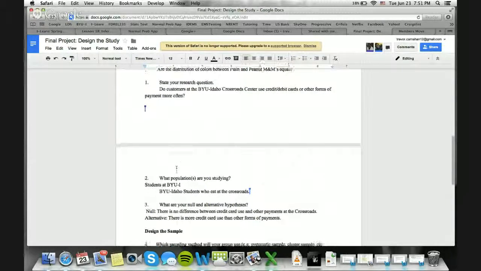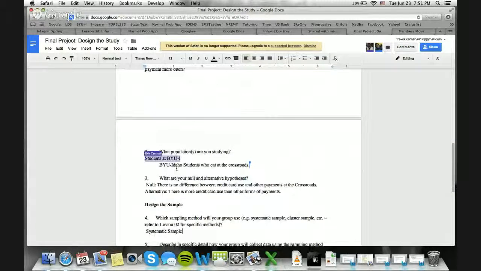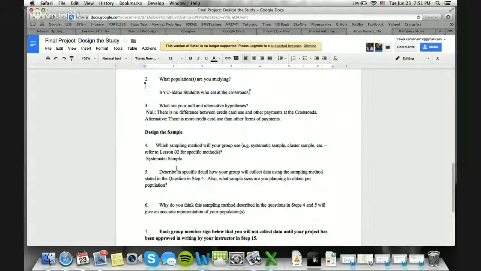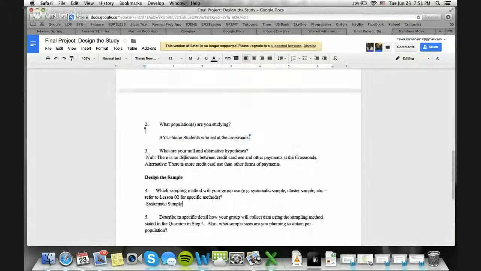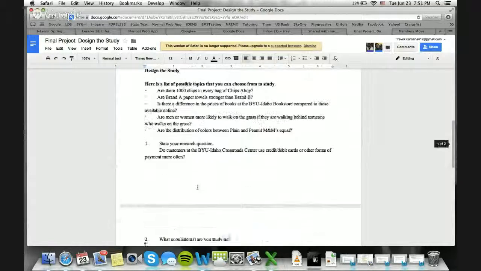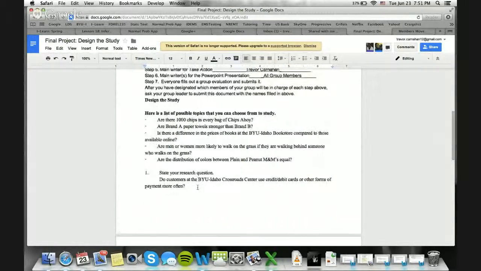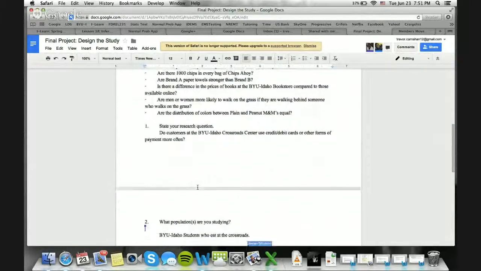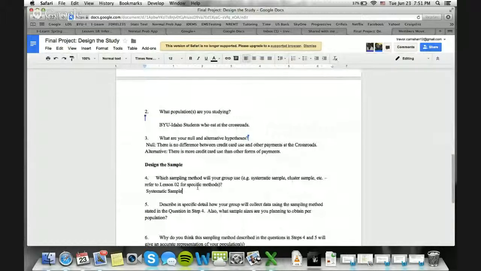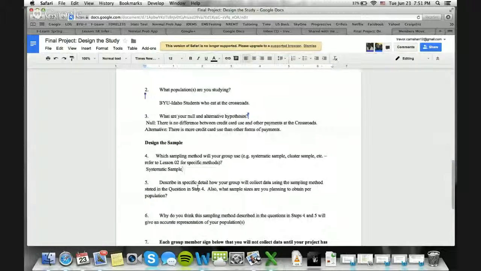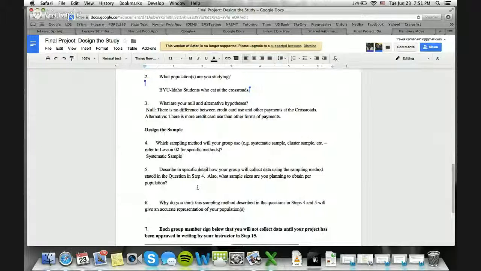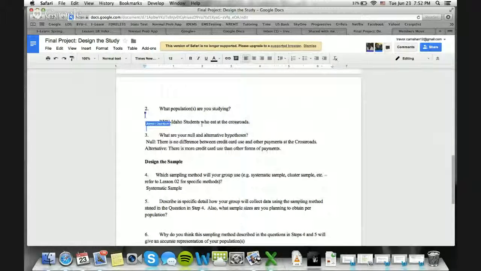My research question, okay: Do customers at the BYU Idaho Crossroads Center use debit/credit cards or other forms of payment more often? Yeah, sounds good. Okay, and then for populations we're studying, there's other people who eat at the Crossroads too that we need to include, like faculty members and just like customers in general, right?